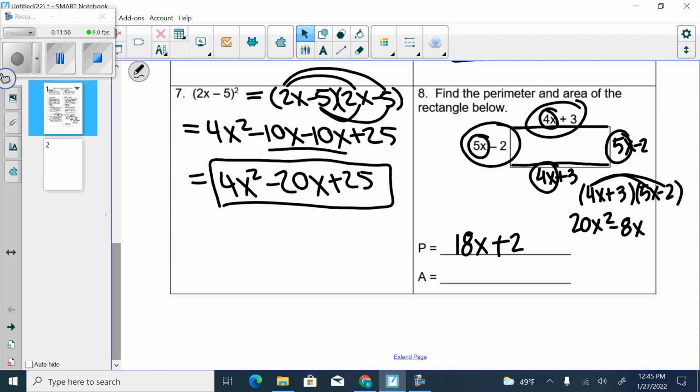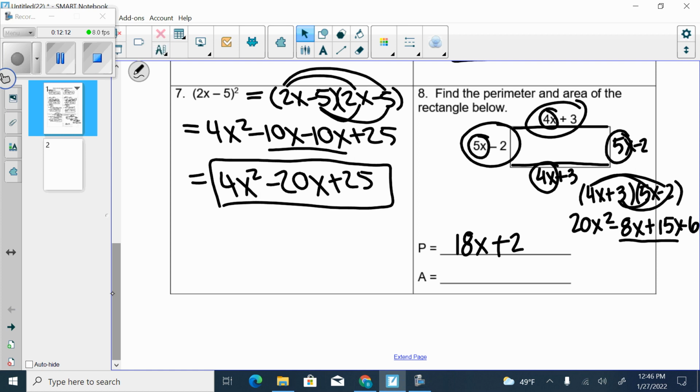Good. 3 times 5x. And 3 times negative 2. Very good. Okay. Then our last step would just be to combine the like terms, right?